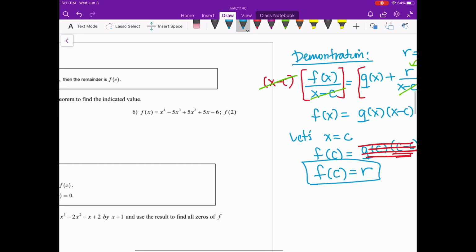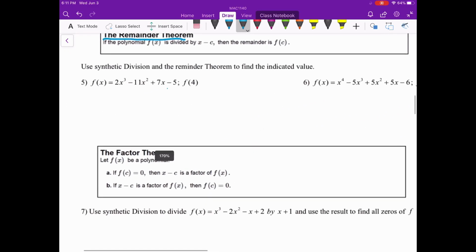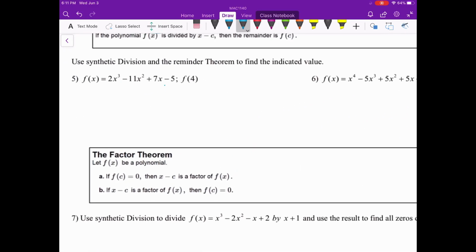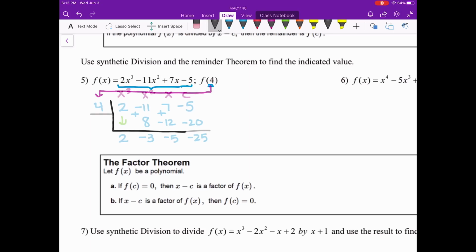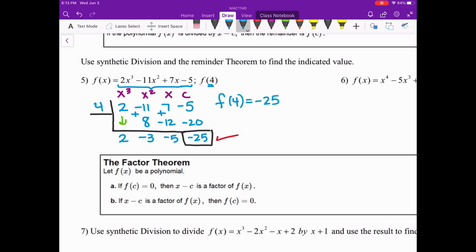In other words, once you do synthetic division, if I want to plug in this 4 inside of this function and know what the value of y is, you can do synthetic division and the remainder will be the solution. Therefore, when I write the number here, I have to write exactly the same sign. Therefore, this is my solution, negative 25.